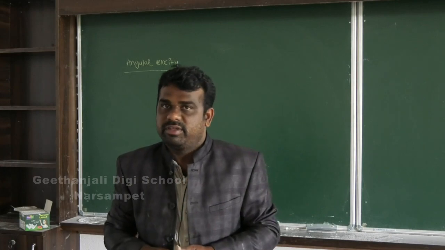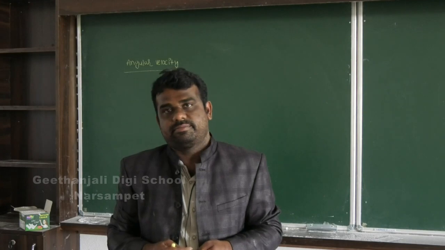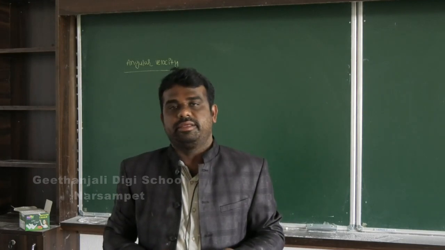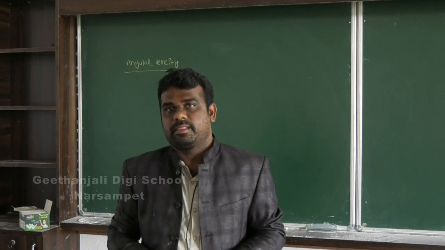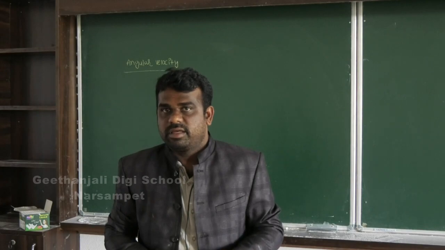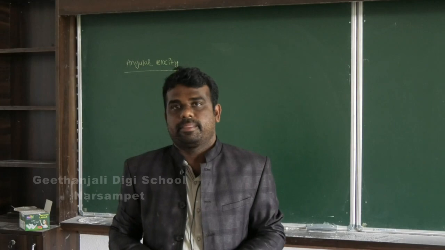What is the meaning of linear velocity? The rate of change of linear displacement is called linear velocity. The same way, the rate of change of angular displacement is called angular velocity.